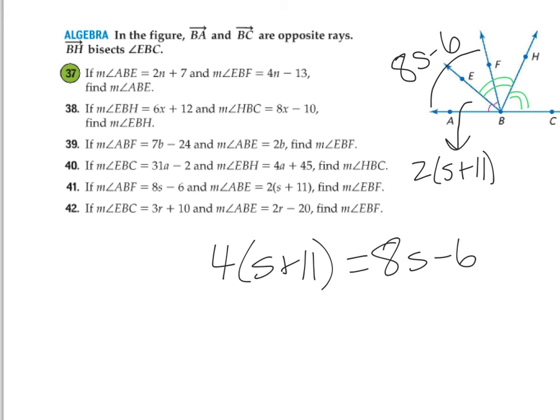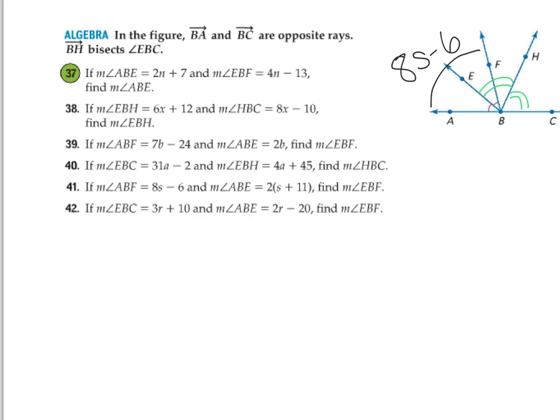And then last but not least, let's take a look at number 42. Let me get rid of some of this stuff. Okay, so number 42, we are told that the measure of angle EBC is 3r plus 10.